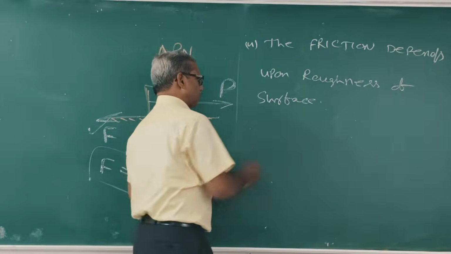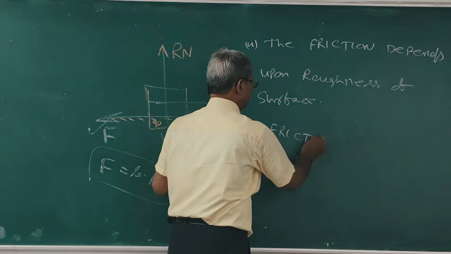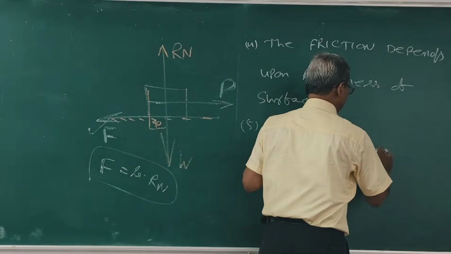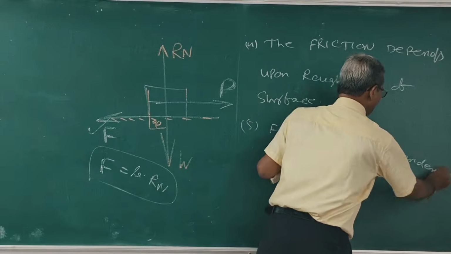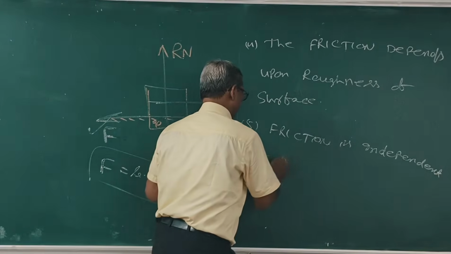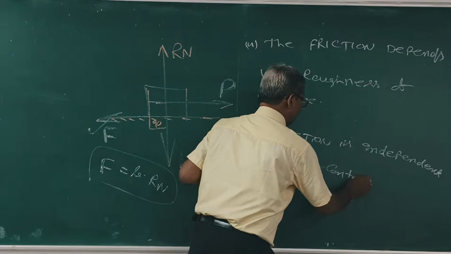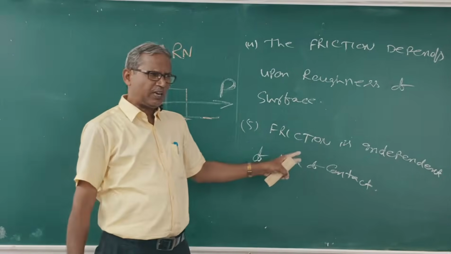Number 5. Friction is independent of the area of contact. What does this mean?